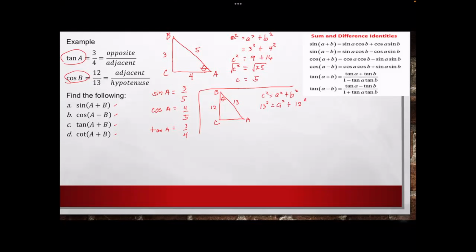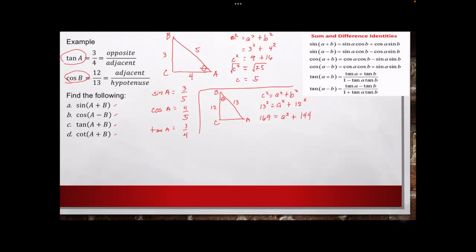What is 13 squared? So the 13 squared is equal to 169, is equal to a squared plus yung 12 squared, that is 144.